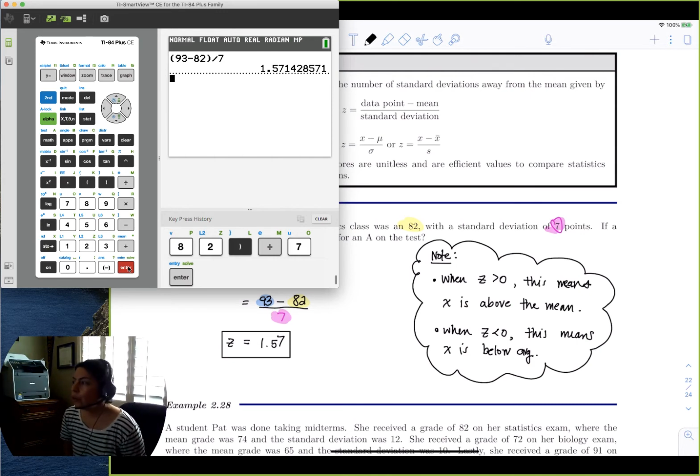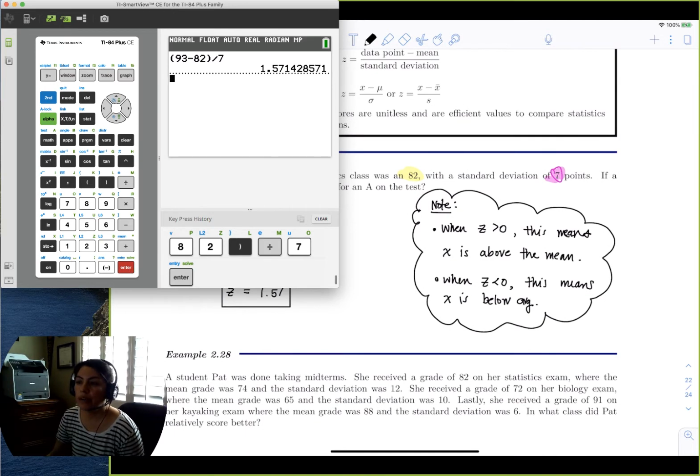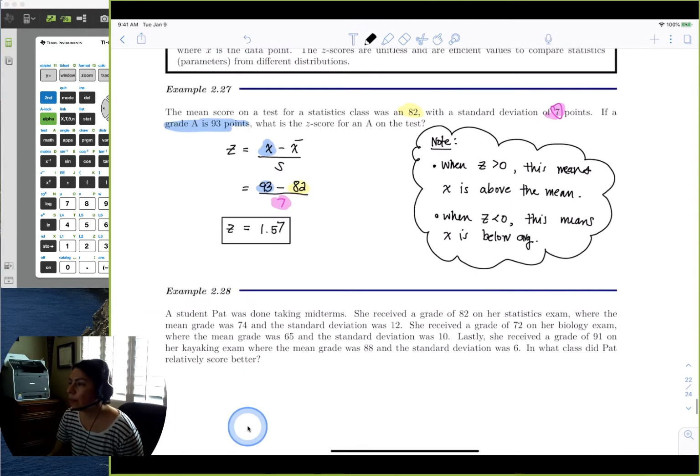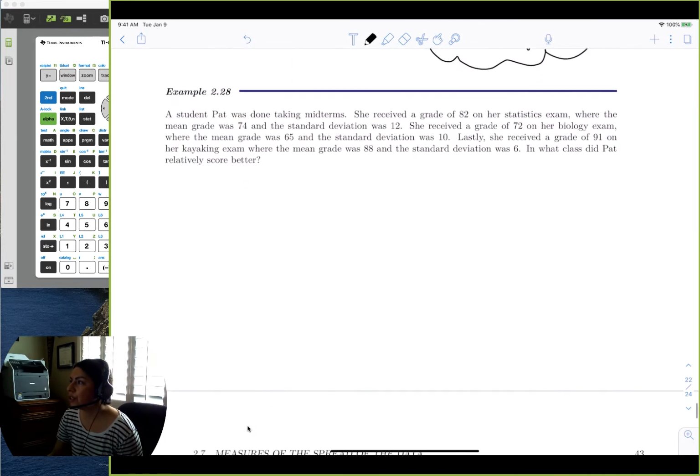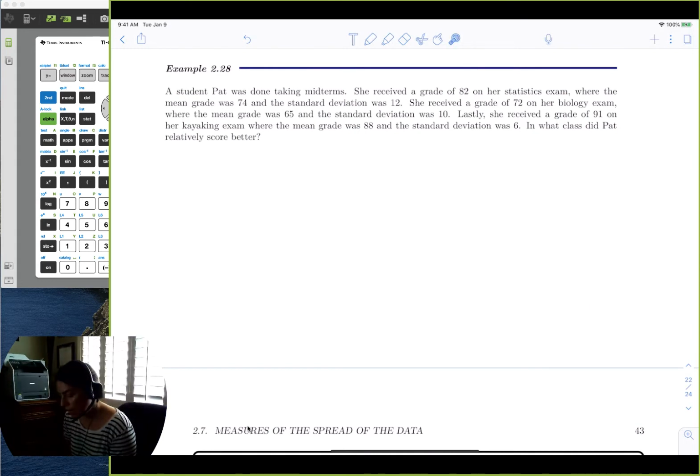All right, so if I wanted to use the z-scores to compare distributions, then I can do this example about Pat taking her midterms, right? So she received an A in statistics. She received an 82 on her stats, a 72 on biology, and a 91 on kayaking.